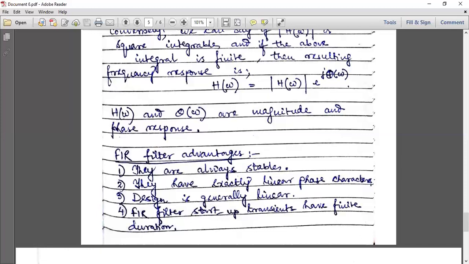Thus, it follows that any ideal filter is non-causal.